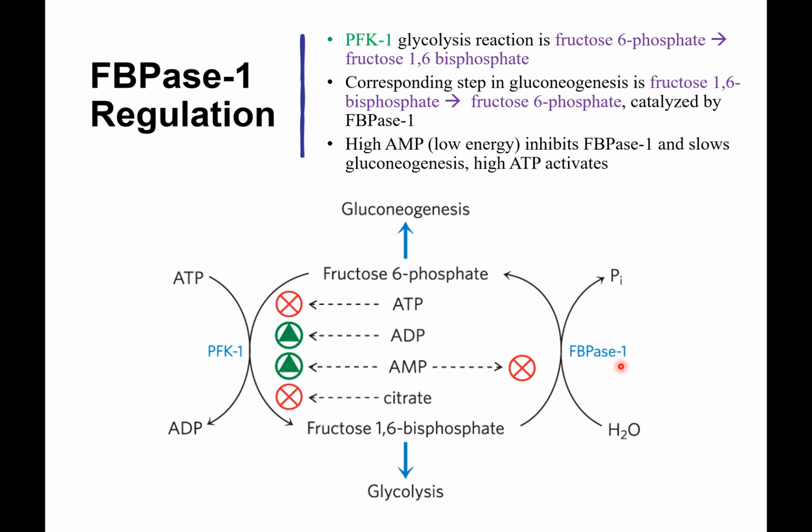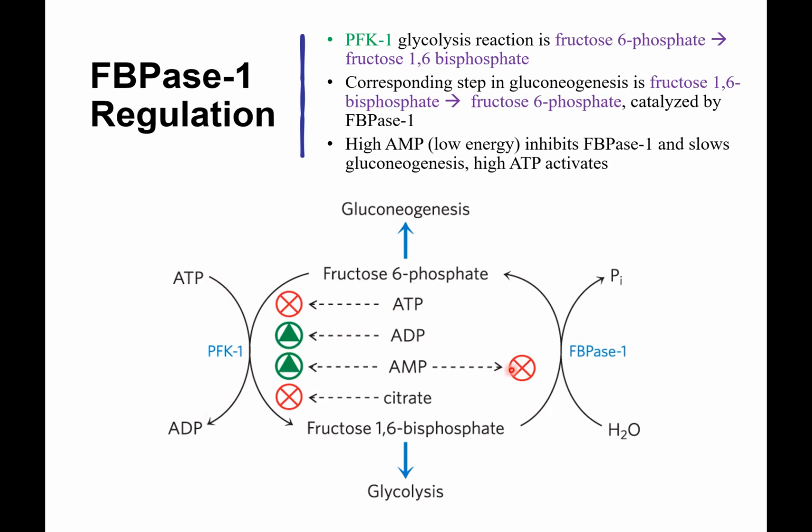Well, this is taking fructose 1,6 bisphosphate and converting it to fructose 6 phosphate. This is the third bypass reaction for gluconeogenesis, right? It, on the other hand, would be inhibited by AMP, because if we have low energy, we're not in the business of making glucose, right? We're in the business of activating PFK1.